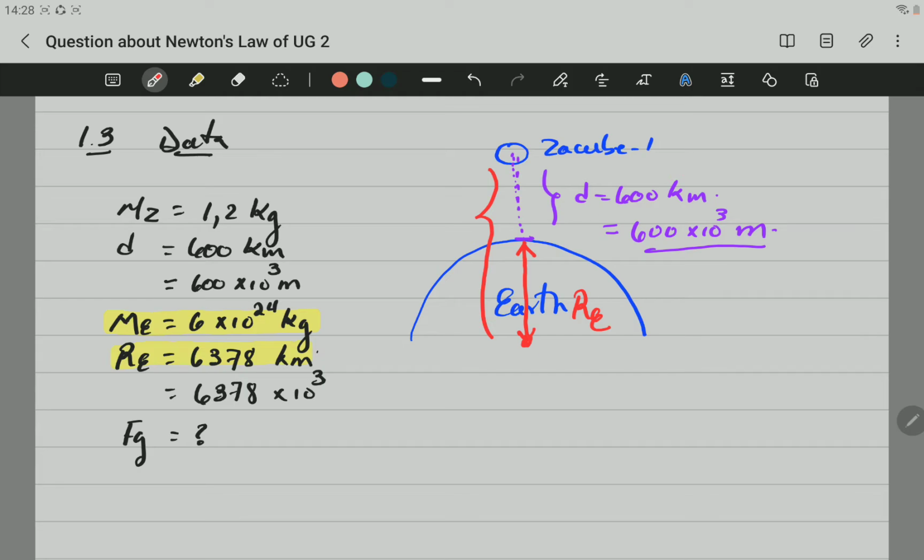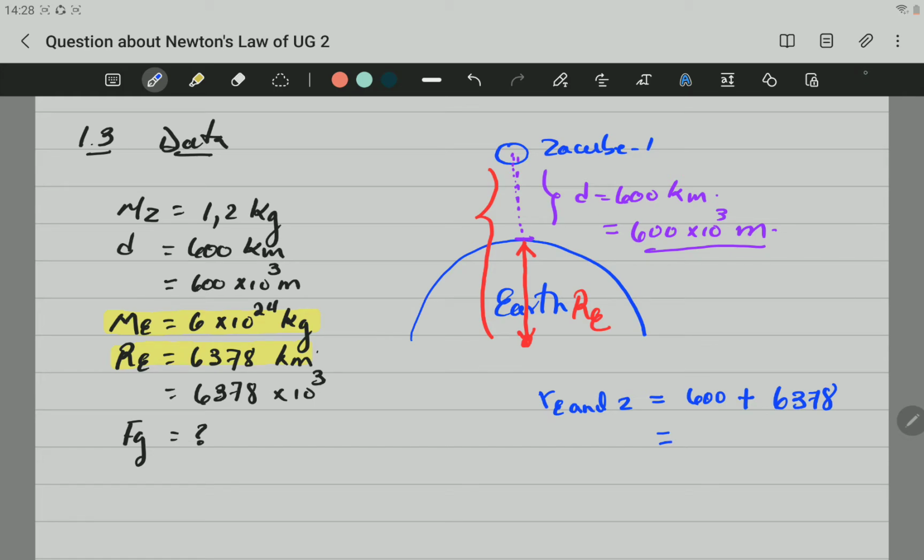So let's say if we write here the distance we are going to use between the Earth and Zakube is equal to the 600 kilometers plus the 6,378 kilometers of the radius of the Earth.